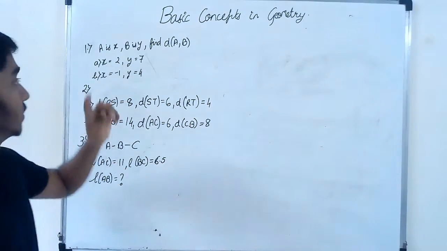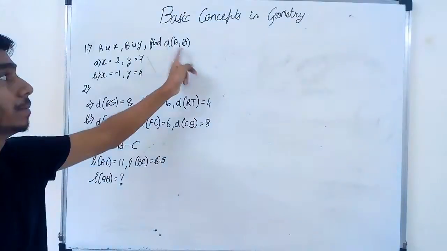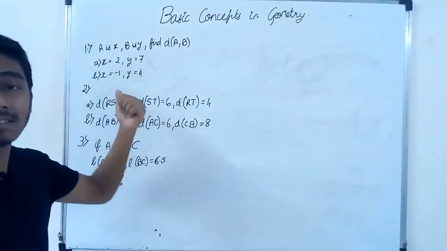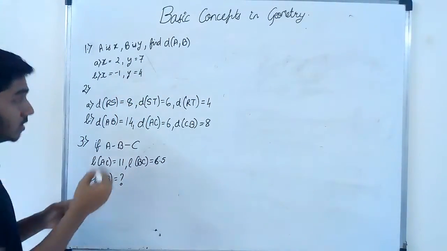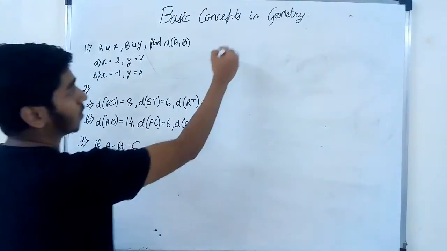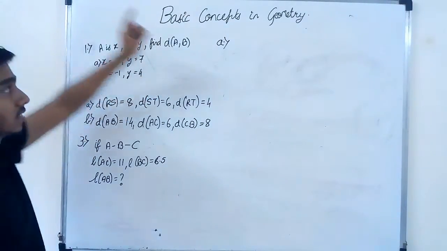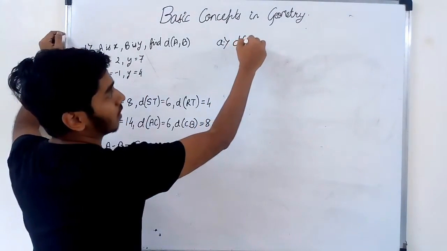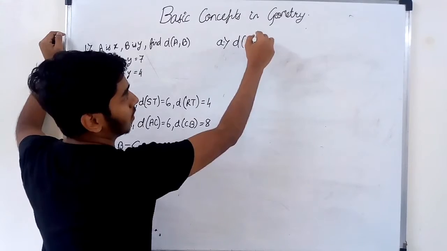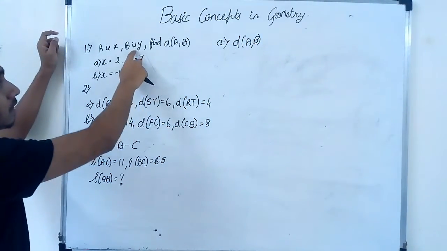Okay, so the first question, it says A is x, B is y, and we have to find distance AB. Okay, so pretty easy one. We should be able to see x is 2 and y is 7. So if you want to find distance AB, distance between A and B, what is B here?